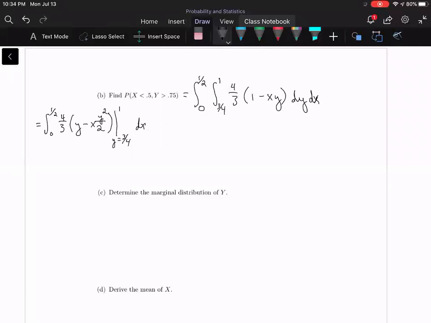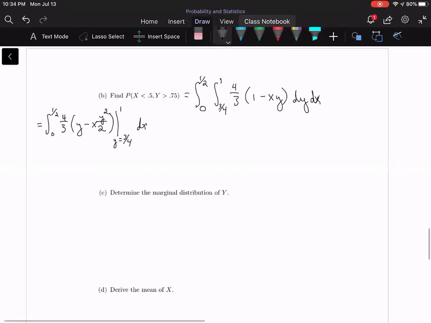But before we do that, let's solidify what this is after we evaluate with respect to y. The y is going to be 1 minus 3/4, which is 1/4, minus x times 1 squared over 2, or 1/2, minus 3/4 squared over 2, which is going to be 9/32.